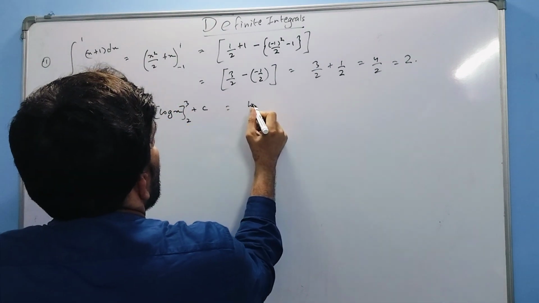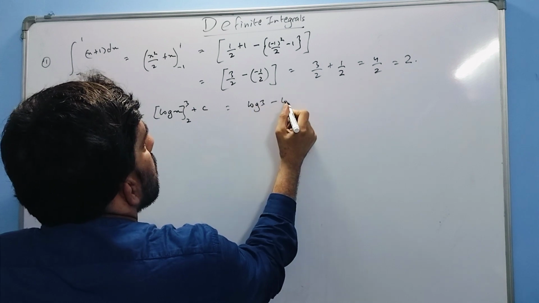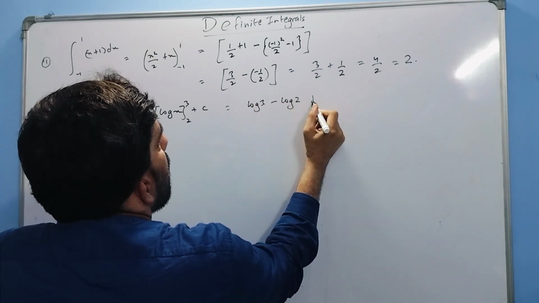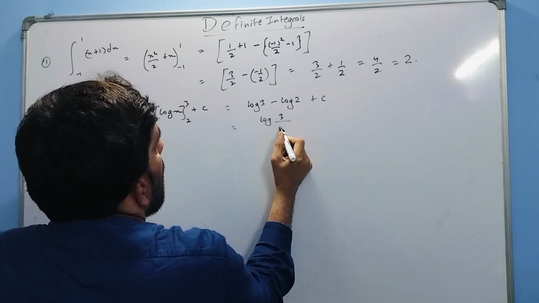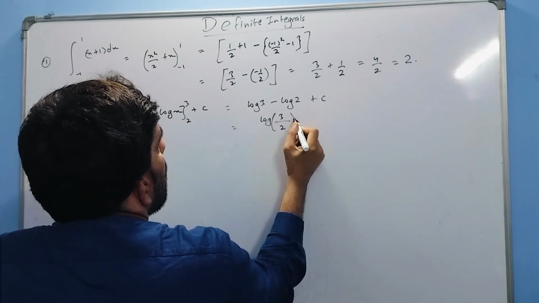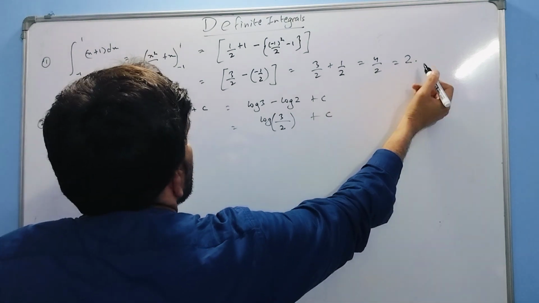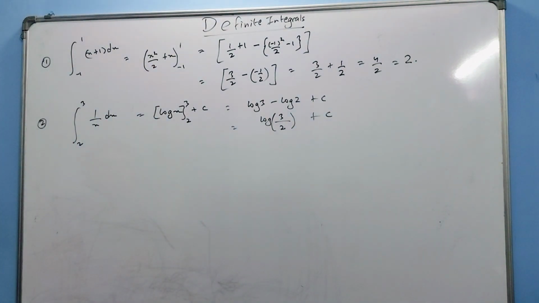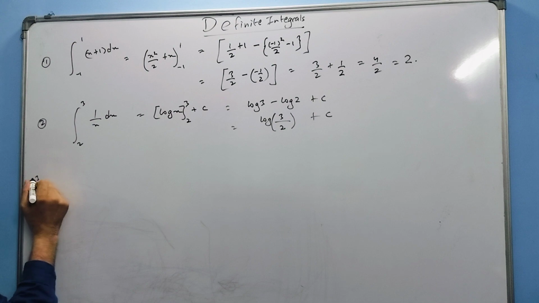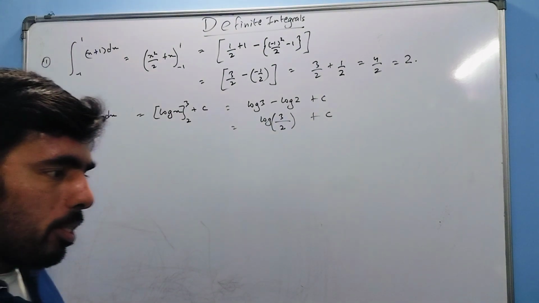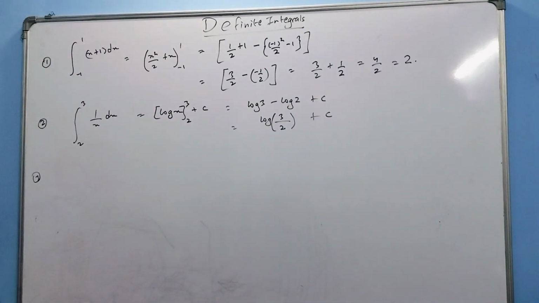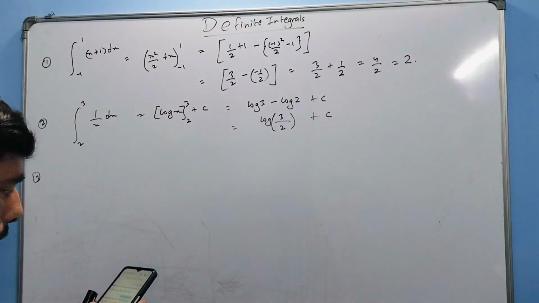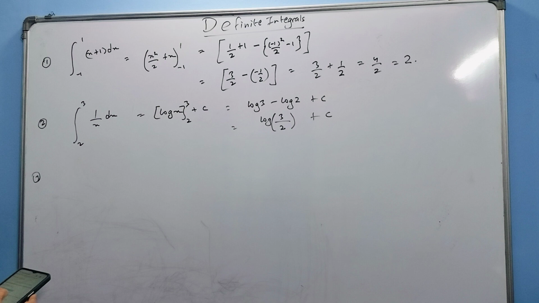So we will get log 3 minus log 2 plus c. So now we'll have log 3 upon 2 plus c. Okay, so that is how we are able to solve these integrals, that is, to evaluate the definite integral. Now let us see the next numerical we have.